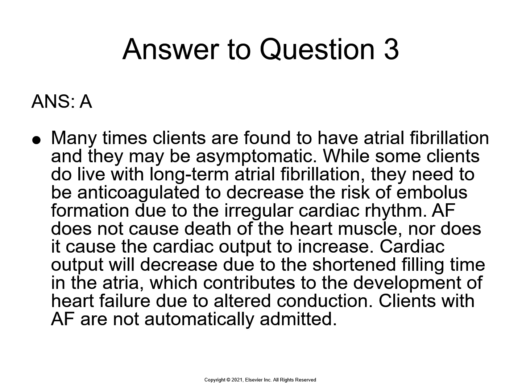Atrial fib does not cause death of the heart muscle, nor does it cause the cardiac output to increase. It causes it to decrease. The cardiac output will decrease due to the shortened filling time in the atria, which contributes to the development of heart failure due to altered conduction. And people who have atrial fib are not automatically admitted to the hospital.